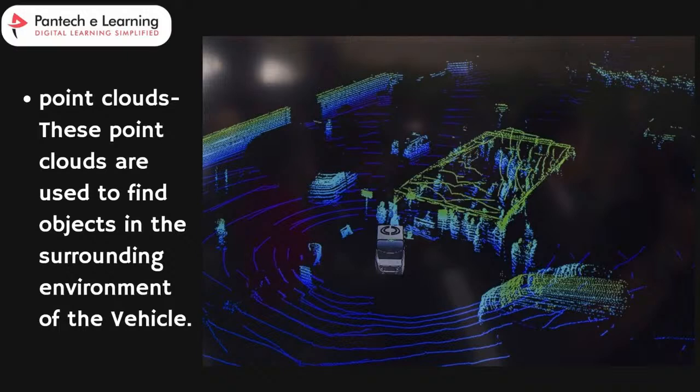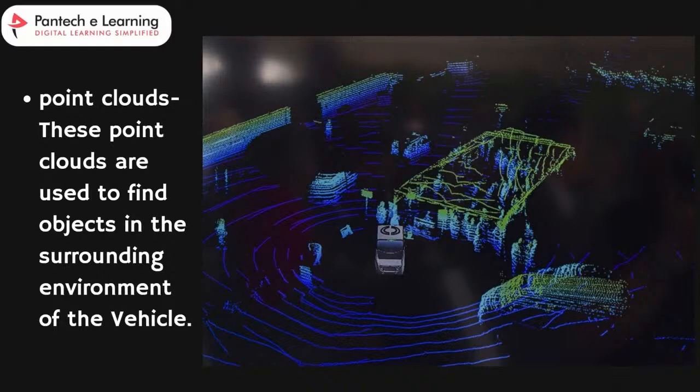By analyzing the points in the point cloud, the vehicle system can identify objects and determine their positions, sizes and shapes. This information is crucial for making decisions such as avoiding collisions or navigating through traffic.